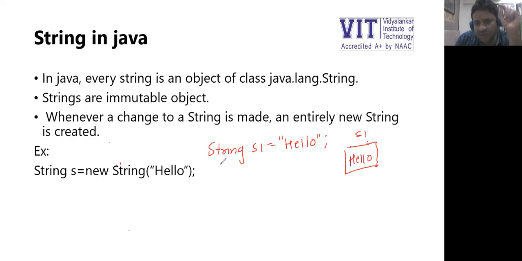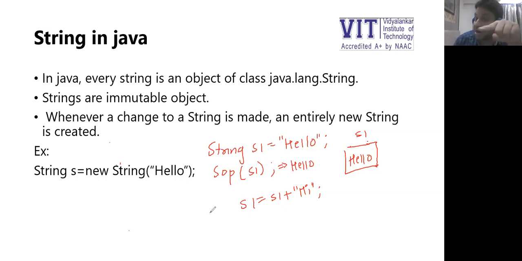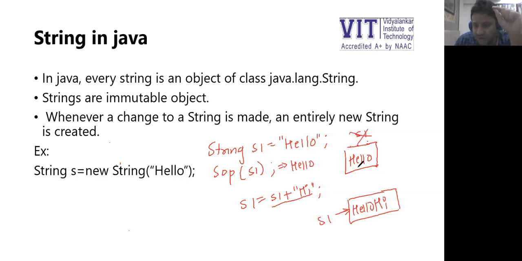So if I write SOP, System.out.print(s1), it will print hello. Now suppose I write s1 plus "hi", and this is assigned to s1. Interesting. s1 plus hi will actually create a new memory. The s1 value is hello, so it will be hello appended with hi, and this will be referred to by s1. So s1, which was earlier referring to hello, now refers to hello hi.